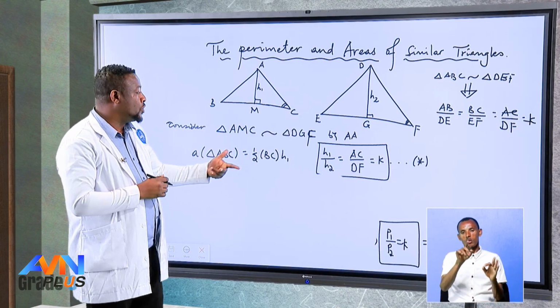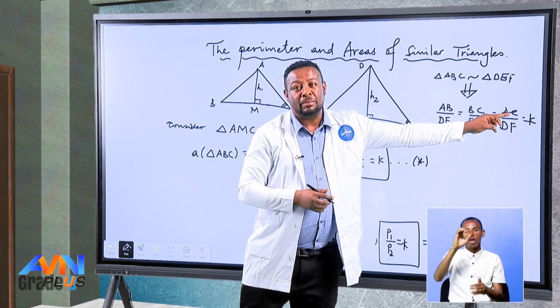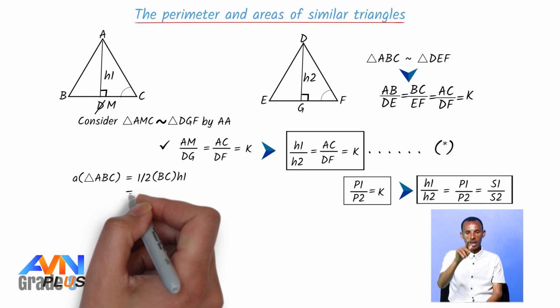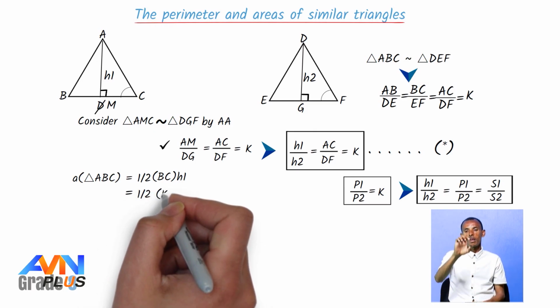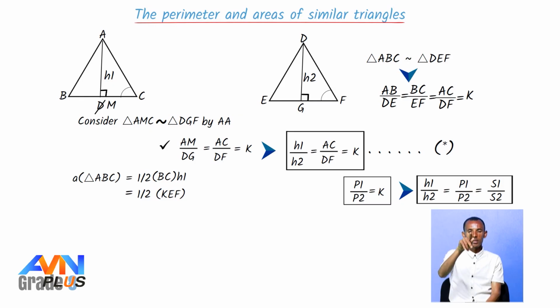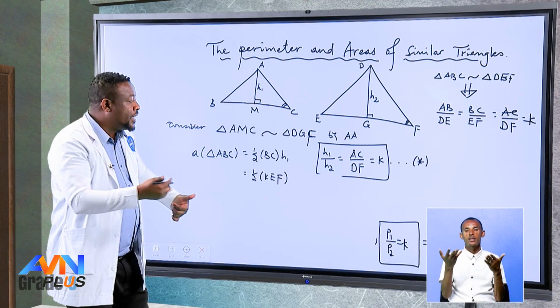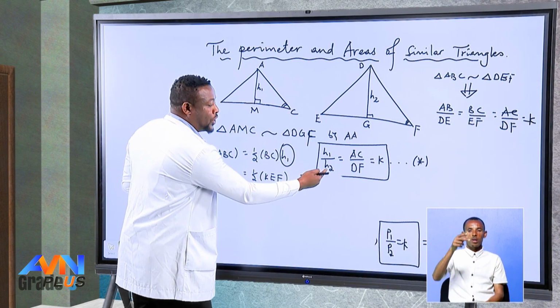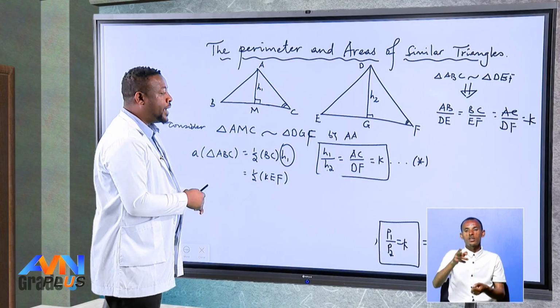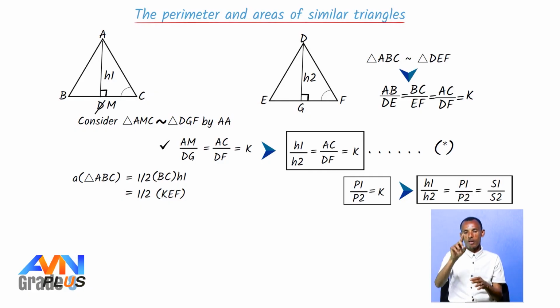Now in place of BC, you can substitute BC is the same as EF times K, right? So in place of BC, you can substitute K times EF. The other thing, in place of H1, you can substitute H2 times K, because H1 over H2 is K. So in place of H1, you can substitute K times H2, right?